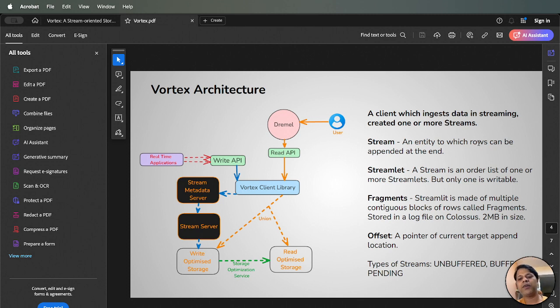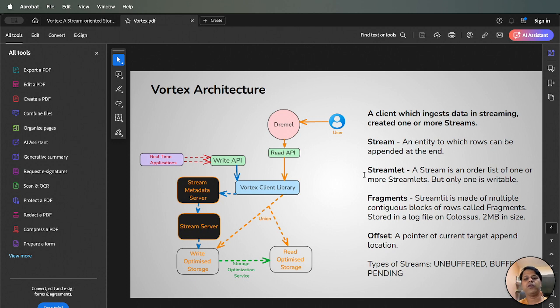mentioned in the paper. Each of the streams, with clients writing to the stream, will write at that offset, and the offset will get updated based on the number of rows written to it. Okay, and the stream is formed using one or more streamlets.